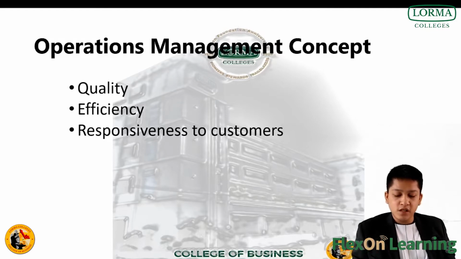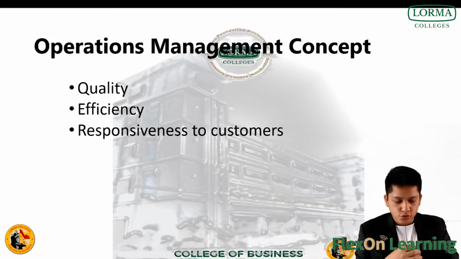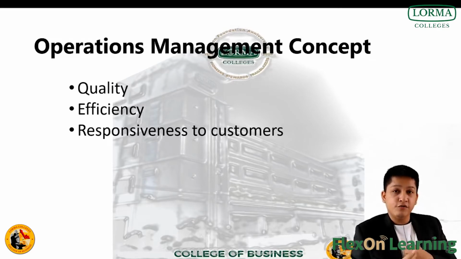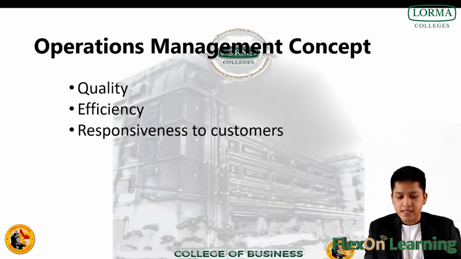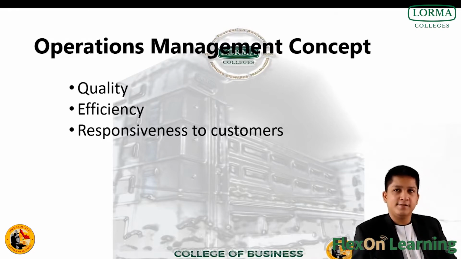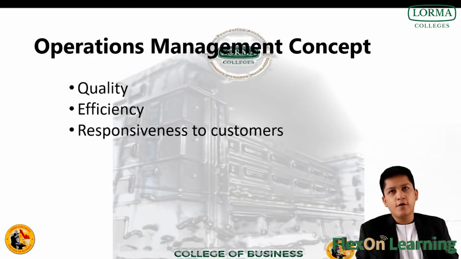Less input requires lower costs and waste. And lastly, responsiveness to customers is action taken to respond to customer needs, so the firm can react quickly and correctly to customer needs as they arise. And that is for our optimal concept.